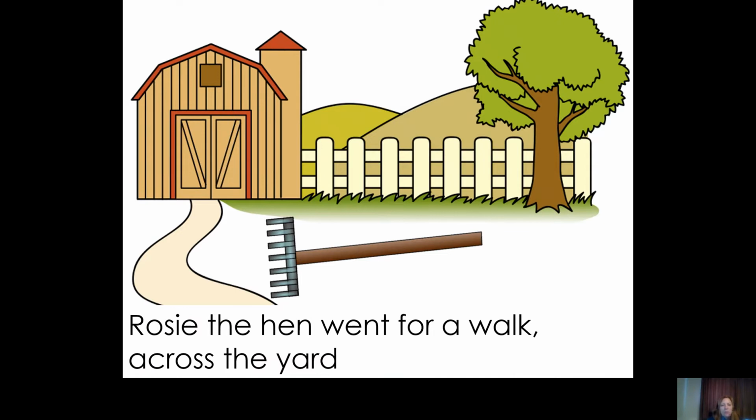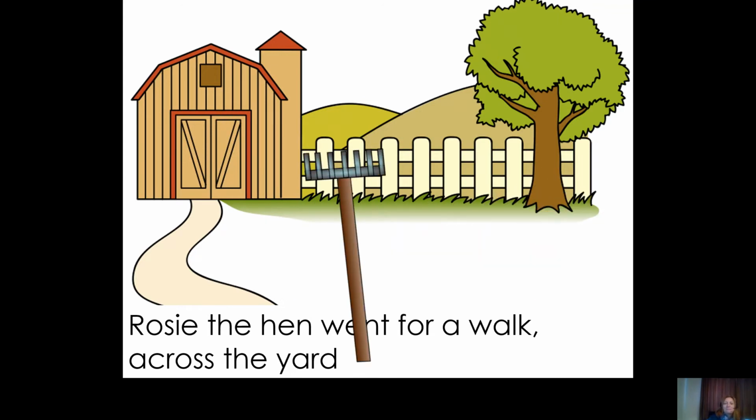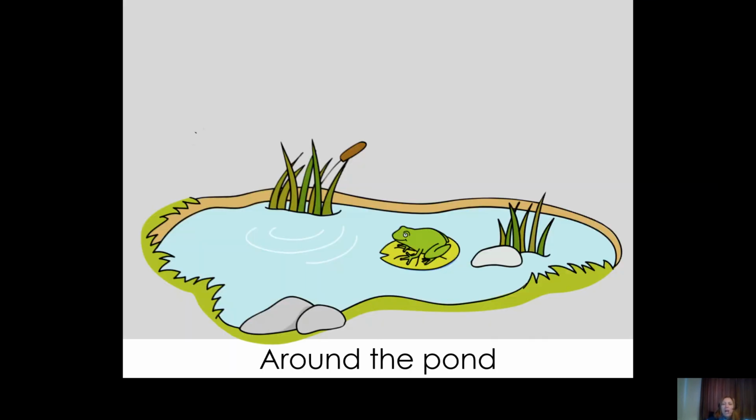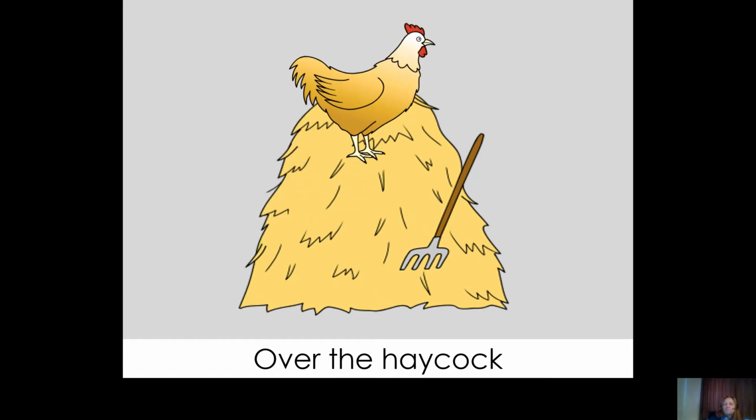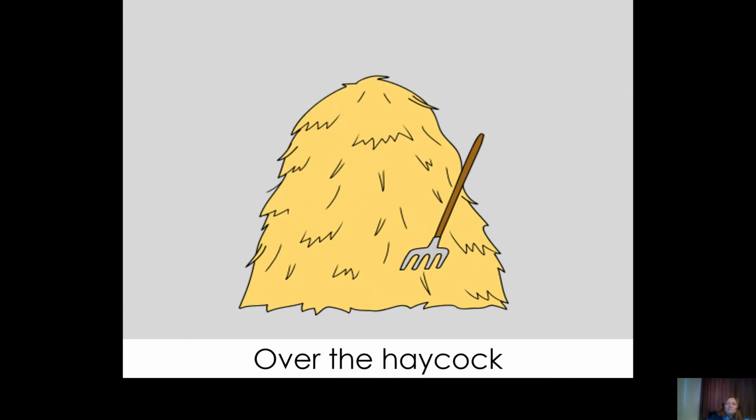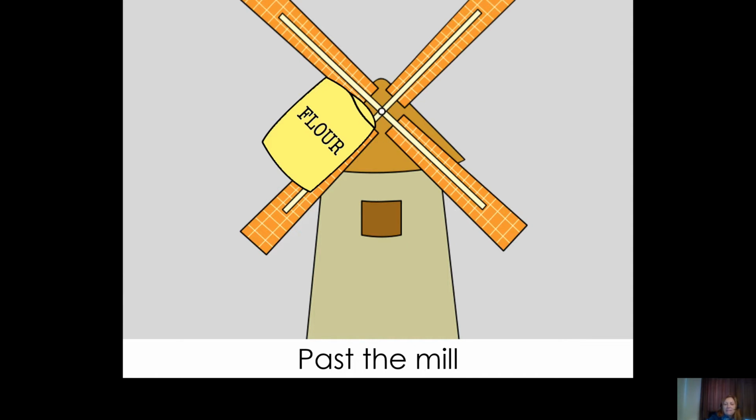Rosie the hen went for a walk across the yard. Here she comes. Around the pond. Who's that? Over the haydock. Past the mill.